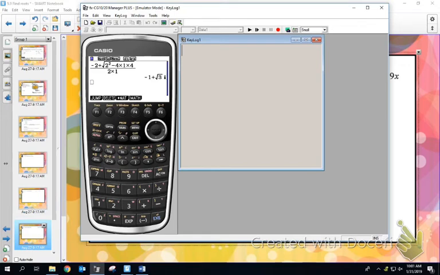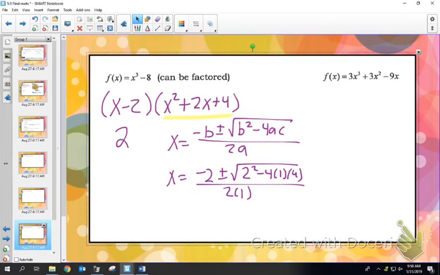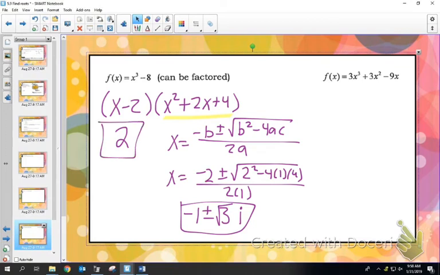It's plus or minus. So your values here, you would have -1 plus or minus, and that was 3i, I believe, or square root of 3i. So again, 3 answers: -1 plus the square root of 3i, -1 minus the square root of 3i, and 2. 2 you could have gotten from the calculator.